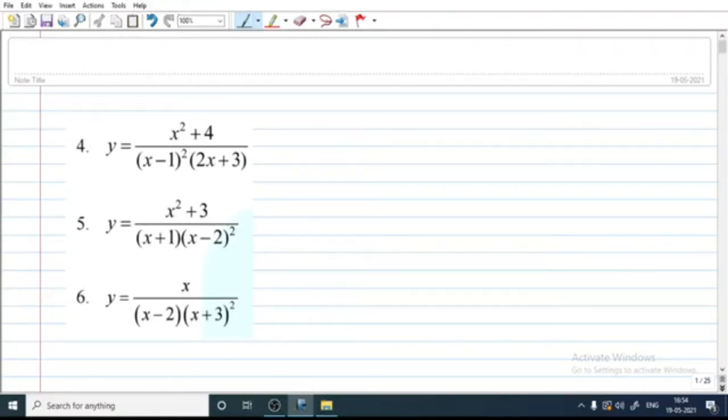Now what we can do is resolve y into partial fractions.